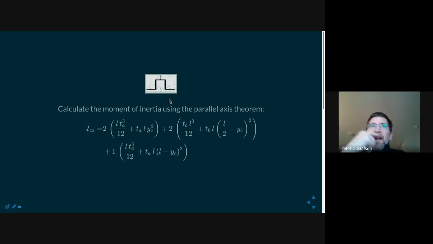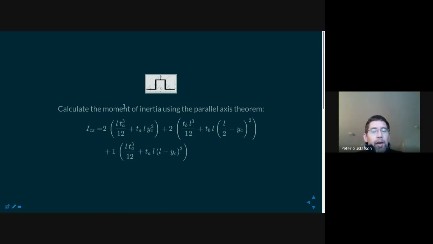If it gets to be 10% or 15%, then you might have 10 or 20% error in the calculation. But if you're just doing an order of magnitude estimate of the overall stresses, and you don't need to be accurate to more than 10 or 20%, then you can get away with these calculations even if that thickness ratio isn't really small. You just have to be cognizant that the error builds the thicker it gets.